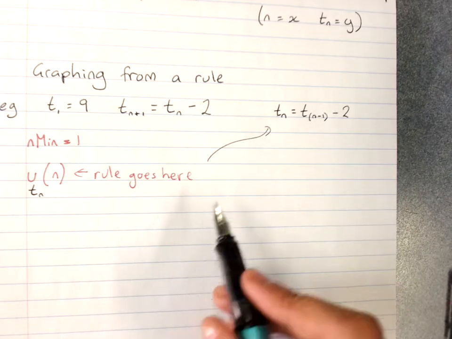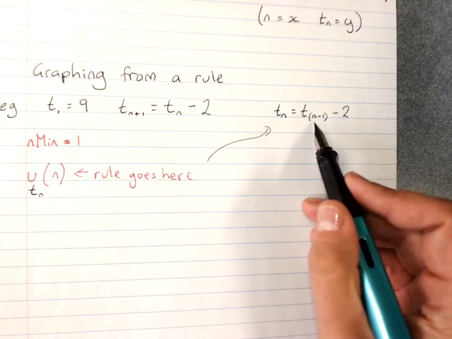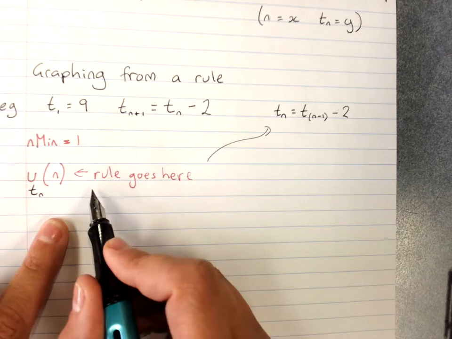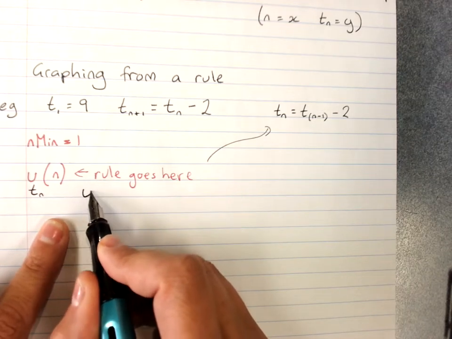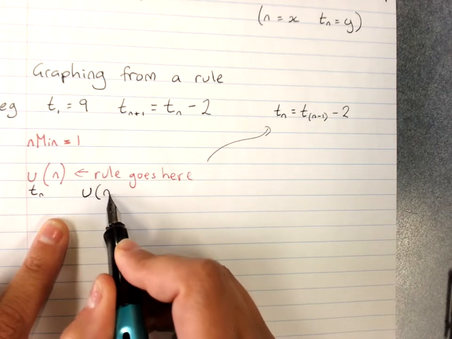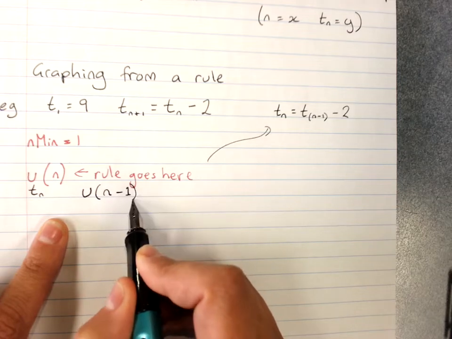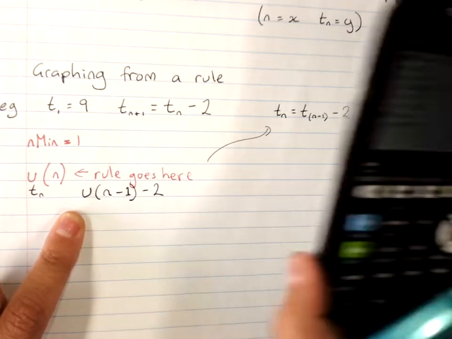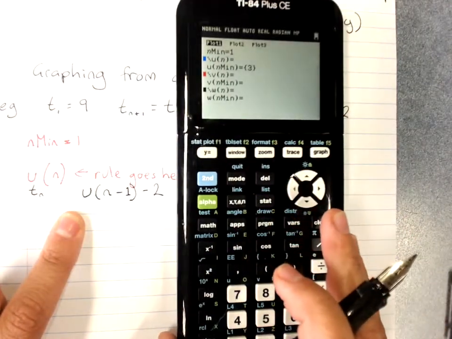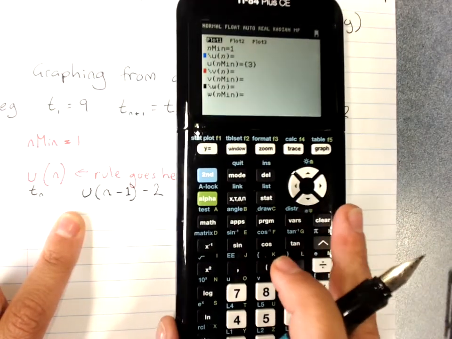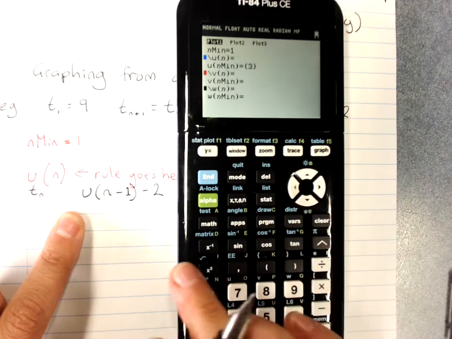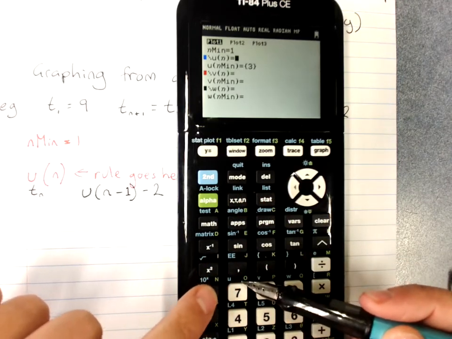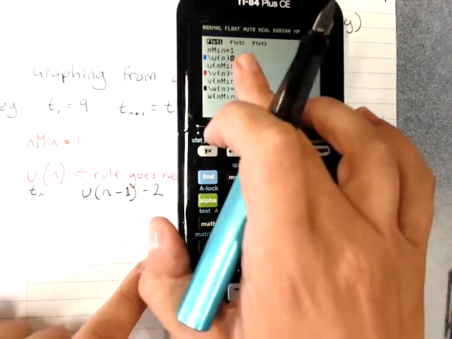So I want to have the previous term, which is going to be un minus 1, and then I want to take away 2. To get u, I need the u that's above the 7 here, so that'll be second function 7.